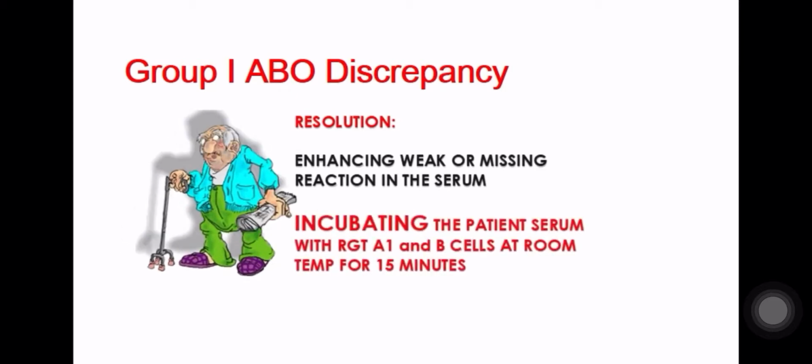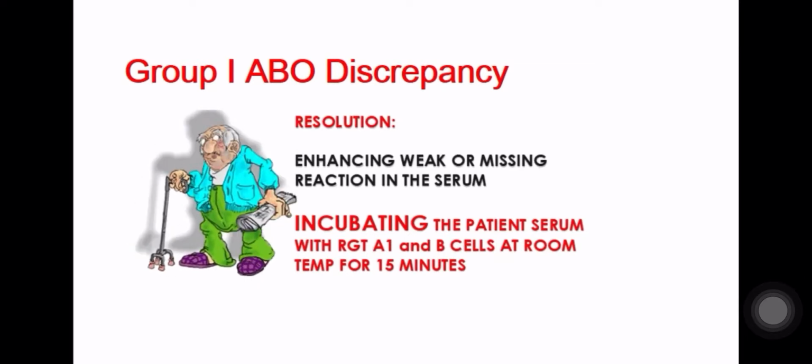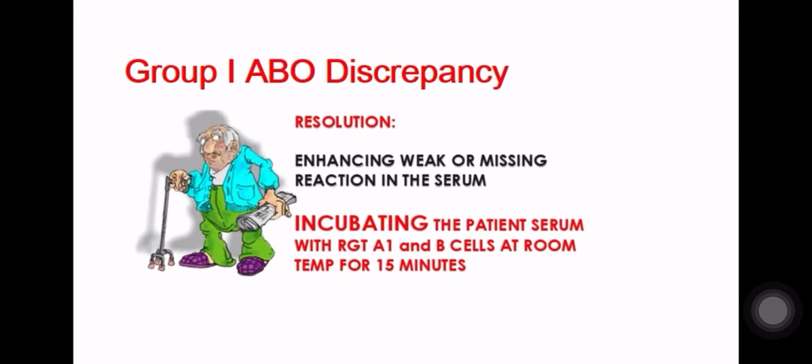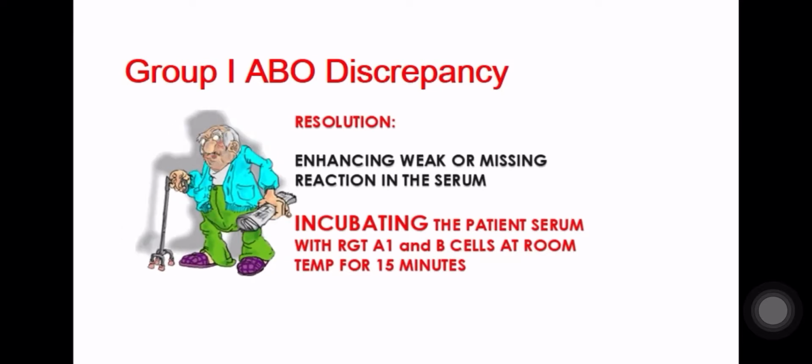This is usually performed by incubating the patient's serum with reagent A1 and B cells at room temperature for 15 minutes. Or pwede rin po by adding 1 or 2 drops more plasma or serum. Now, kapag wala pa ring reaction after centrifugation, the serum cell mixtures can be incubated po at 4 degrees Celsius for 15 minutes.